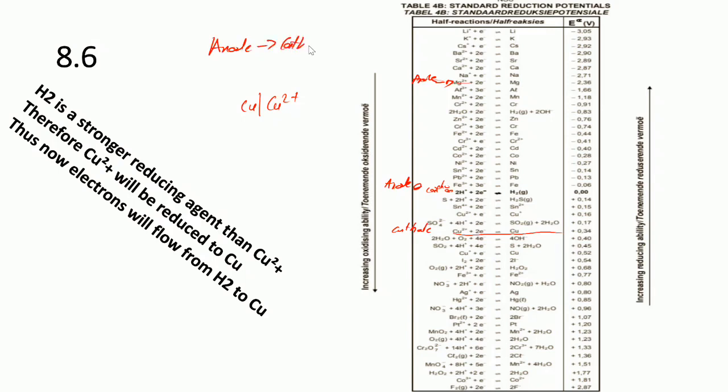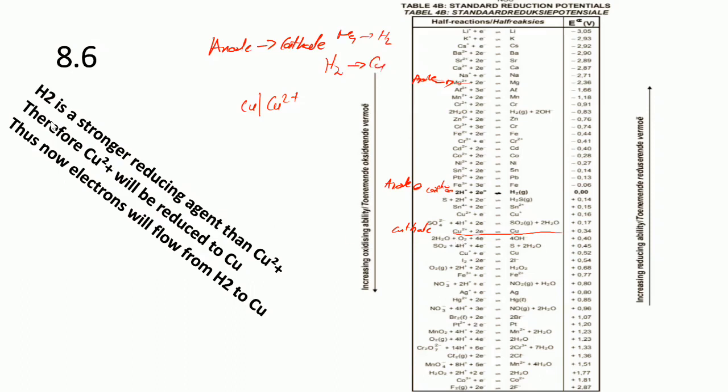So initially we had electrons flowing from the magnesium electrode to the hydrogen electrode, from Mg to H2. But now, because hydrogen acts as the anode, electrons flow from H2 to Cu, which is now the cathode.